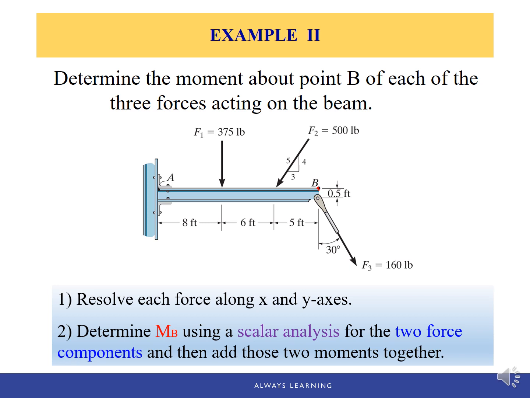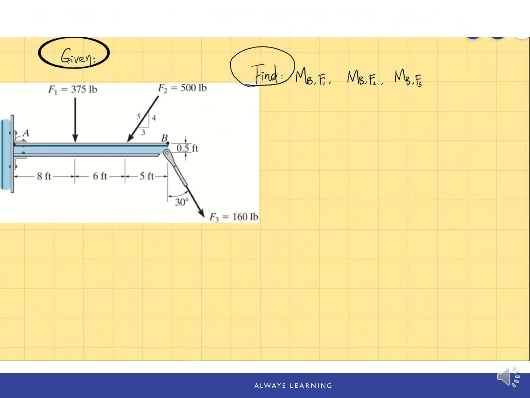And then we're going to determine the moment about B for the two force components for each force. Then add those two moments together to find the MB resulted from each force. So we're going to find the moment of each force about point B.